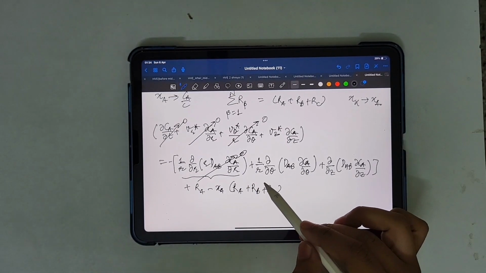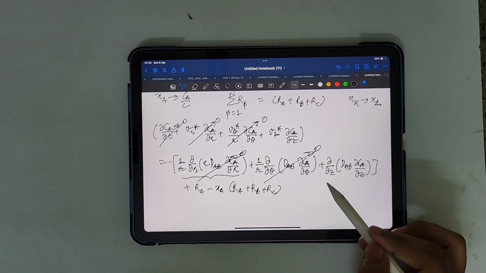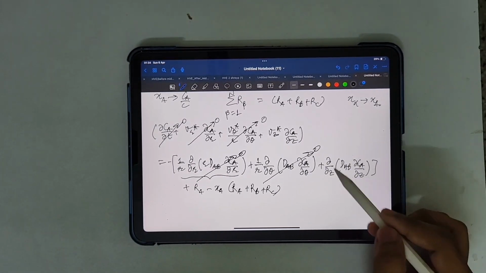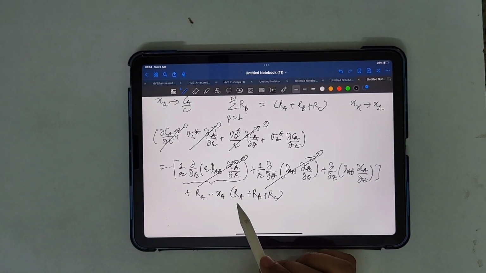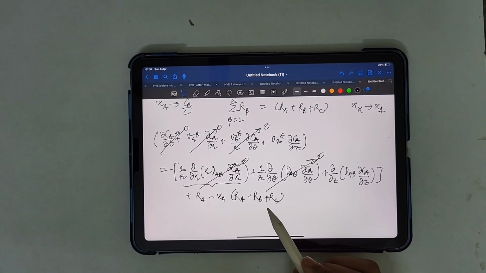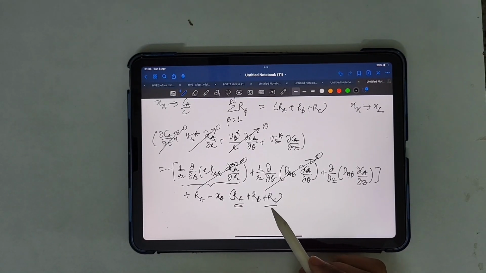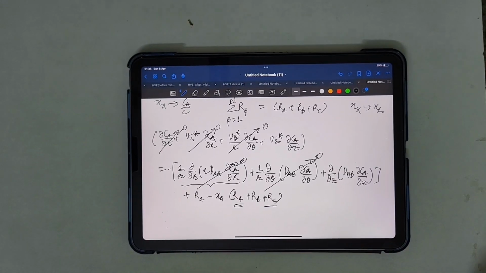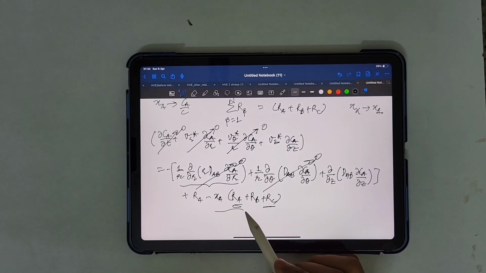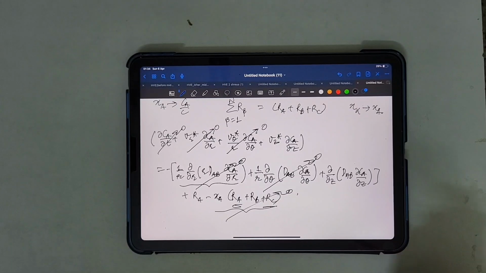It doesn't change with theta, so this becomes 0, and we will be left with this term only. Also the rate at which A is being consumed is the same as rate at which C is being formed, and B is not taking part in any reaction, so this term also becomes 0.